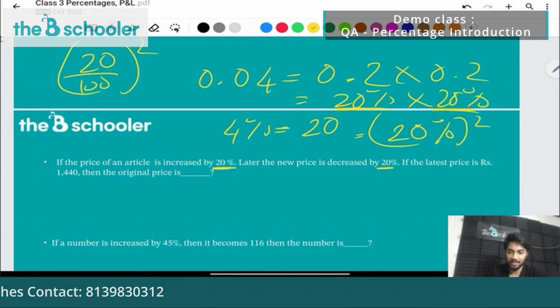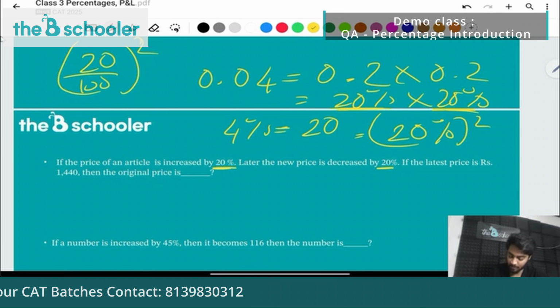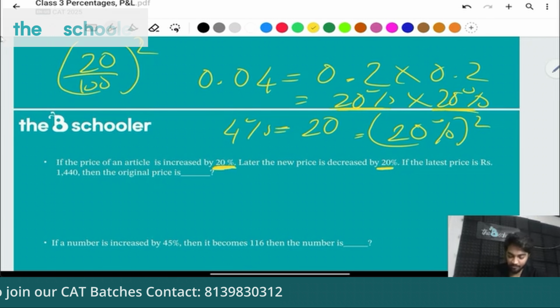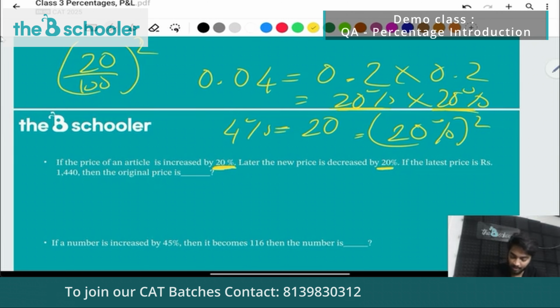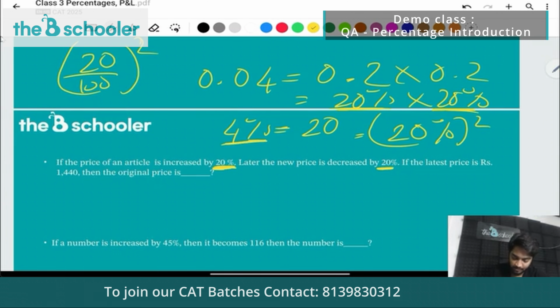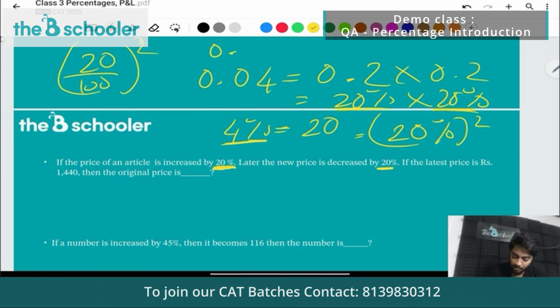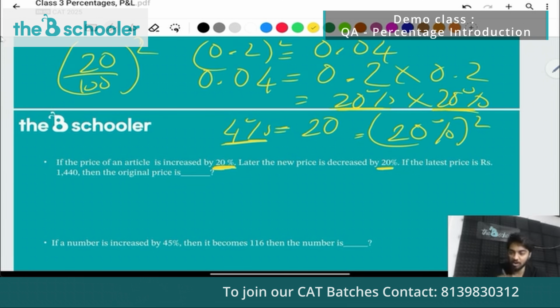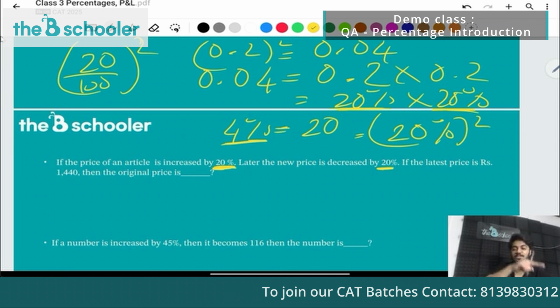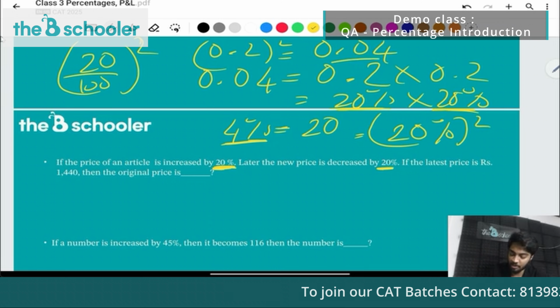So this 20 and this 20 together, when you multiply, you get 20 percentage square. 20 percentage square is 0.2 square, which is nothing but 0.04.